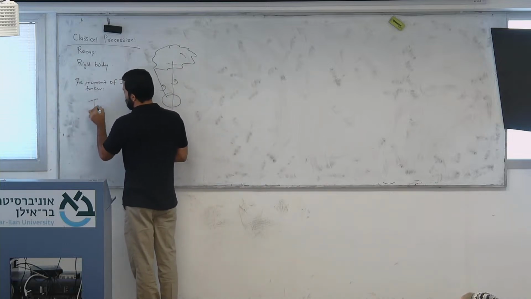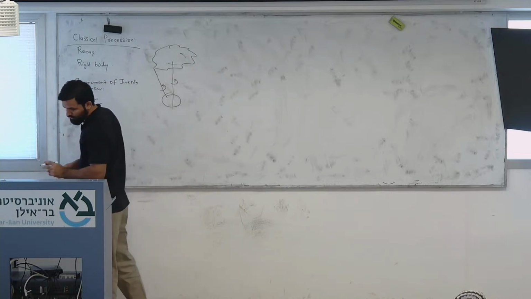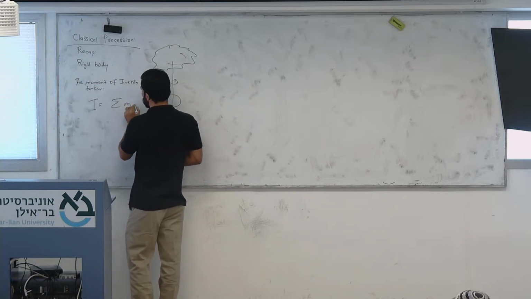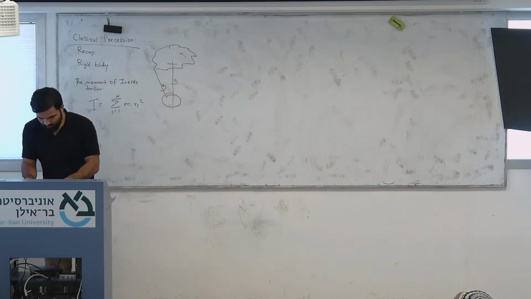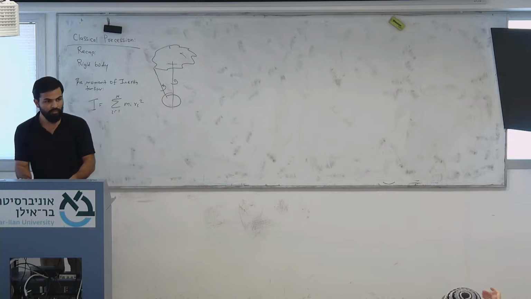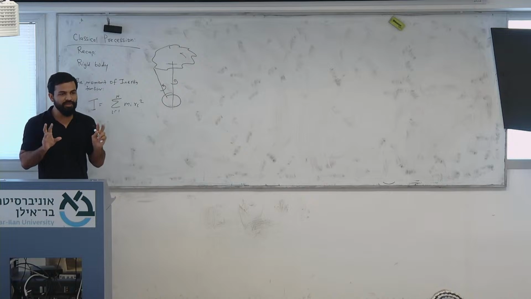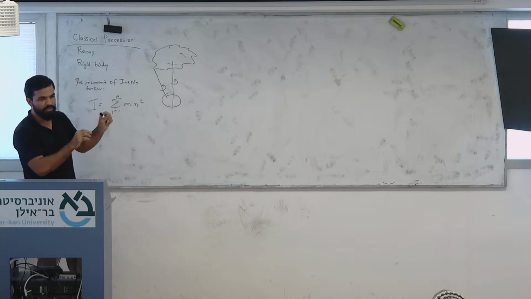So I can write I as... The tensor is calculated once when the body is at some instant, and then we say it is conserved. Not really, there will be some changes, but we are not going to deal with the complicated stuff, so we just ignore that.